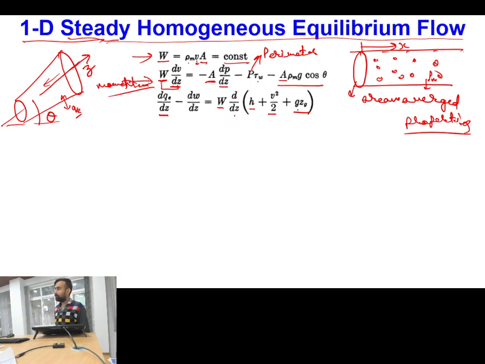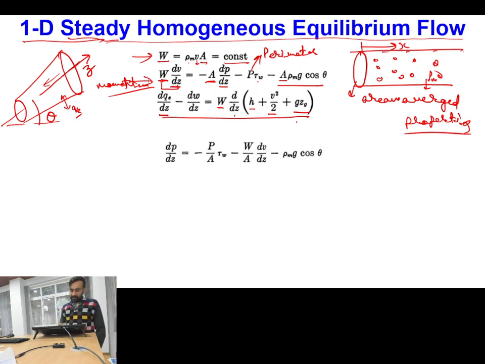Where dV by dz is actually your acceleration, rate of change of velocity with the length. And W is mass flow rate. So this is rate of change of momentum along the length of the pipe. Yes. Is this one clear? So this is my energy equation. Are all clear with these equations?